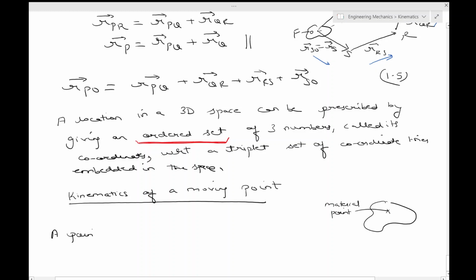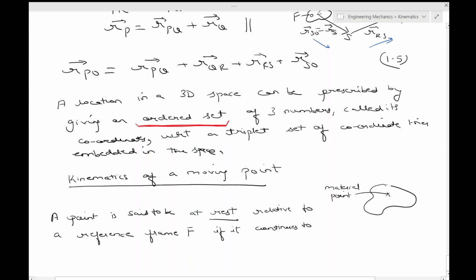So a point is said to be at rest relative to reference frame F if it continues to occupy the same location of F, otherwise it is said to be in motion.